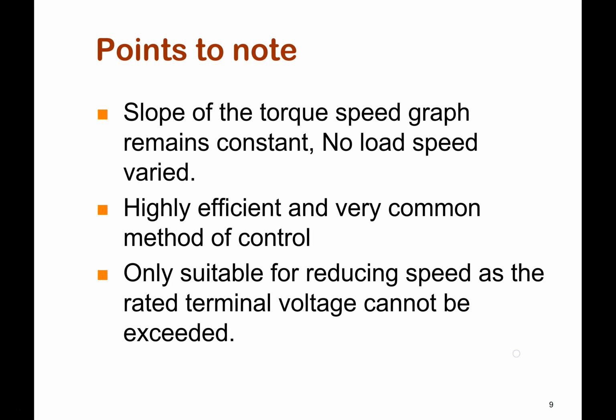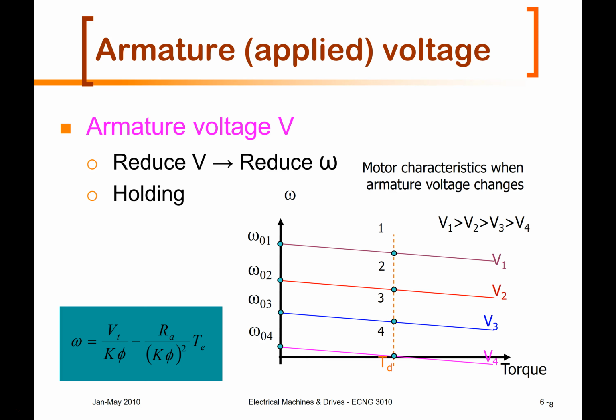The next one we want to look at is the armature voltage. So here, if we look at the equation again, we'll see that the slope this time is not changed. The thing that is affected is the y-intercept, which is this value here. Remember, we have y is equal to c minus mx, right? So this is your c, your y-intercept here.